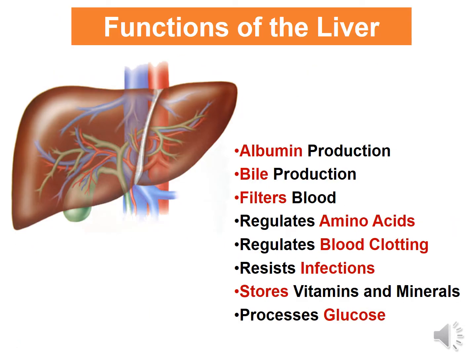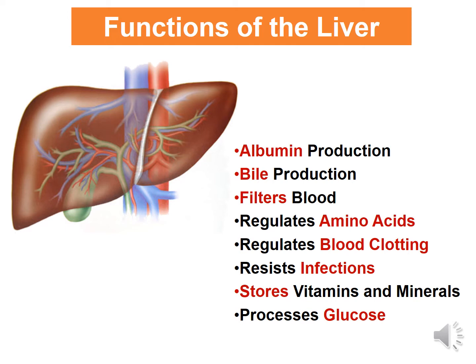So, the liver is an essential organ of the body that performs over 500 vital functions. Here are some of its most important functions: albumin production and bile production. Bile is a fluid that is critical to the digestion and absorption of fats in the small intestine. It also filters blood.